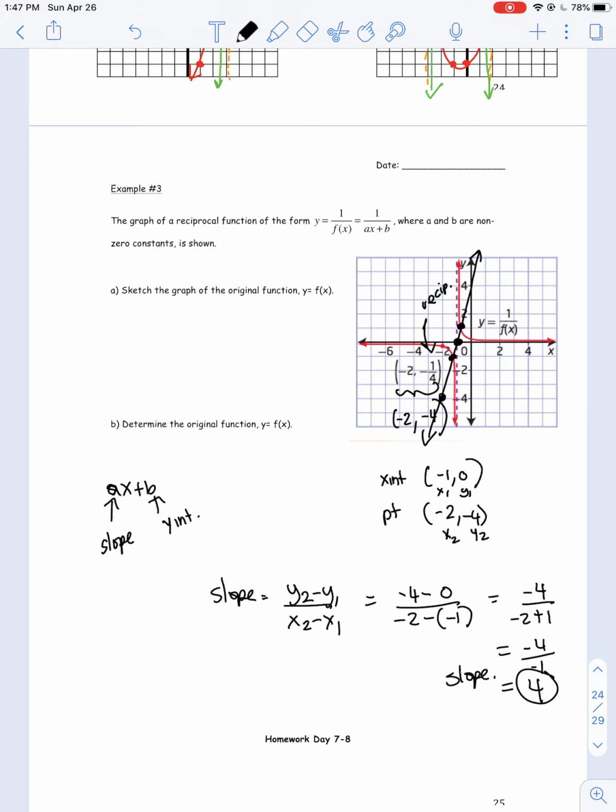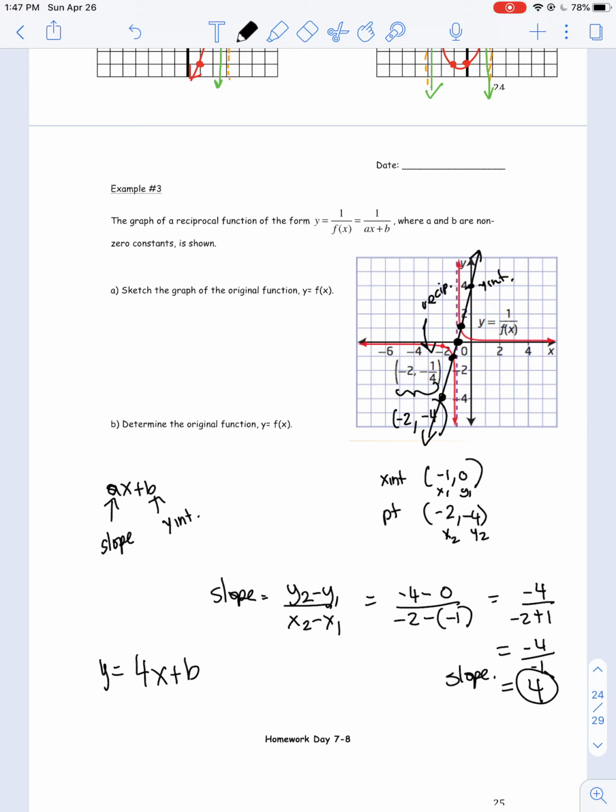The next thing we want to do is substitute that into our a value. So we're going to have y equals 4x plus b. And now what we can do is substitute any point into that and solve for my y-intercept. If it's not clear, I kind of think that it's at 4. That's where my y-intercept looks like it's going to be.